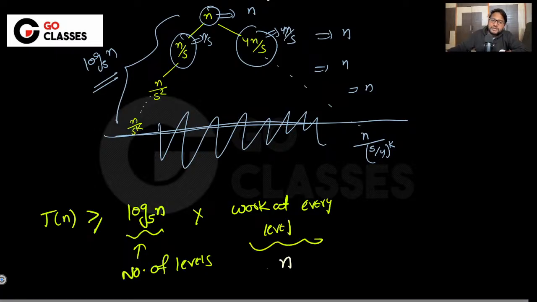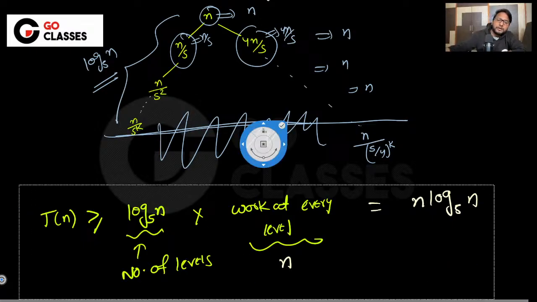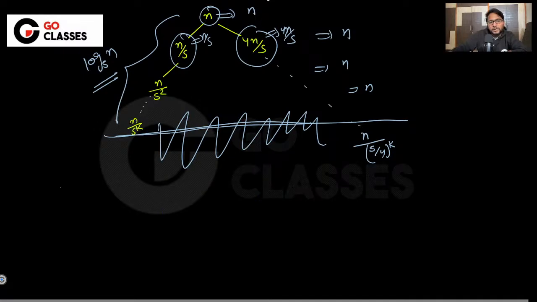So it is nothing but n into log base 5 n, which means T(n) is greater than or equal to n log base 5 n. Using this branch you got to know that T(n) is greater than or equal to this.